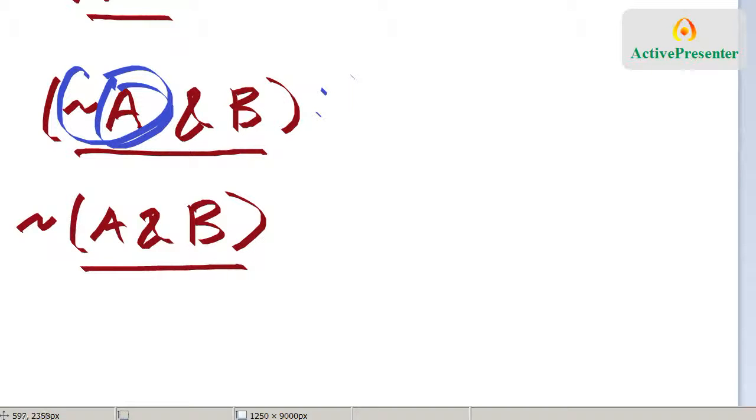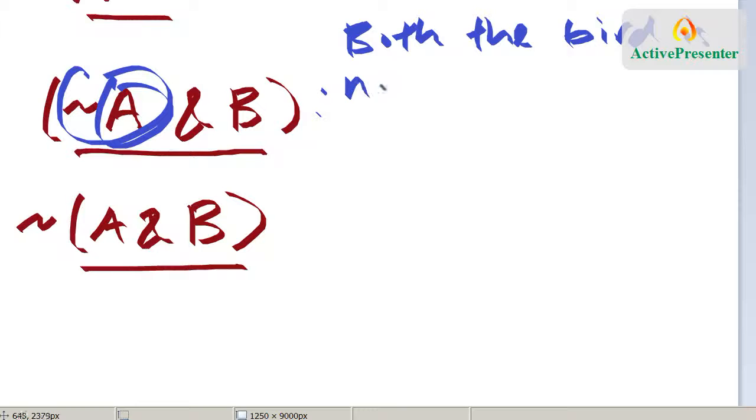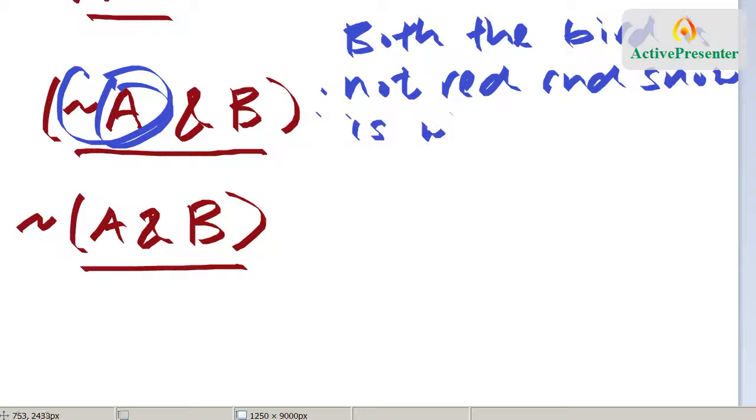So to translate the first one would be both the bird is not red and snow is white.